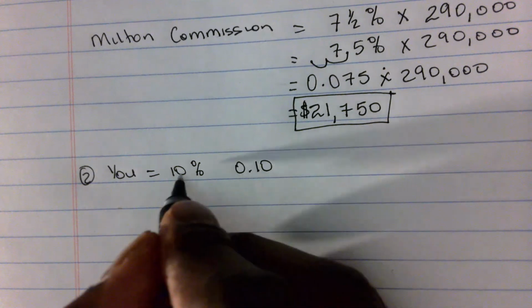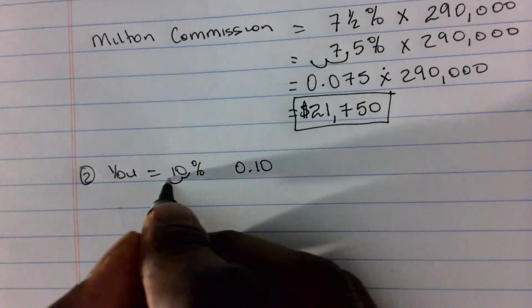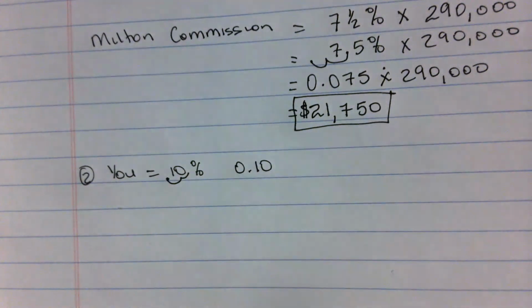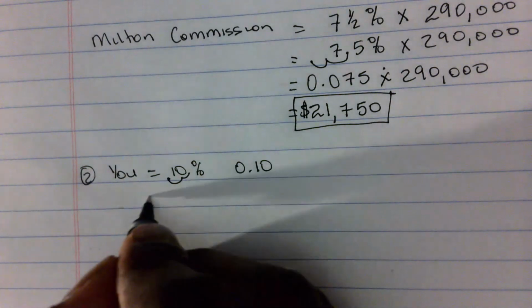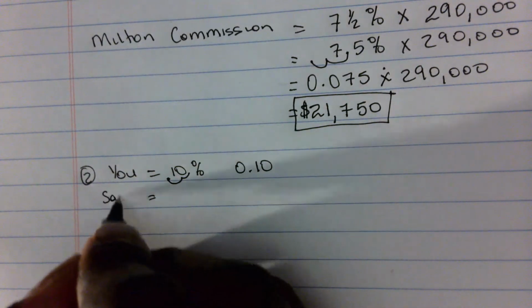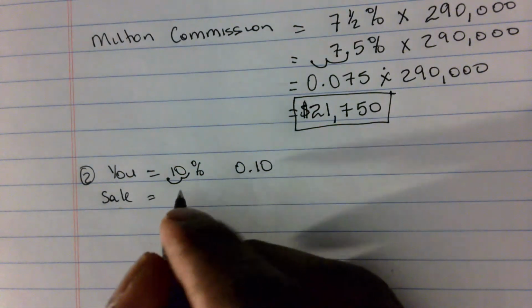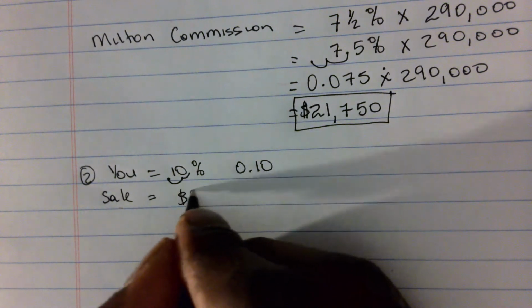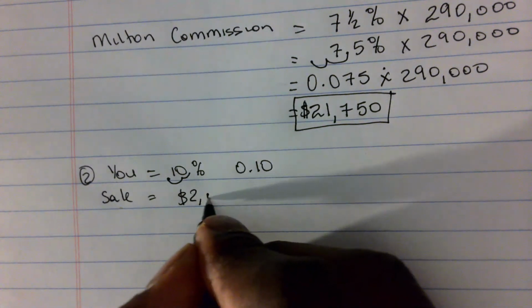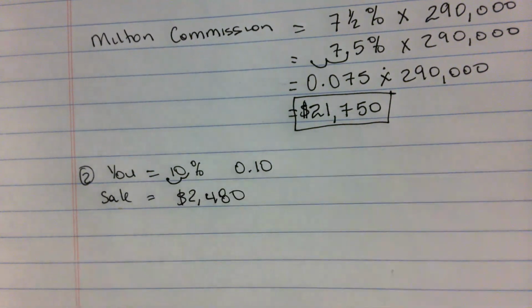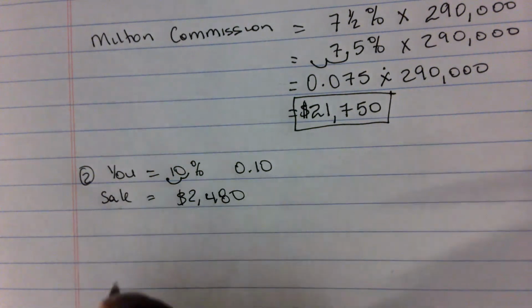All I did was move the decimal place, 1, 2, put a placeholder there. So you get 10% on everything. Your sales for that week amassed $2,480. So they want us to find the commission.